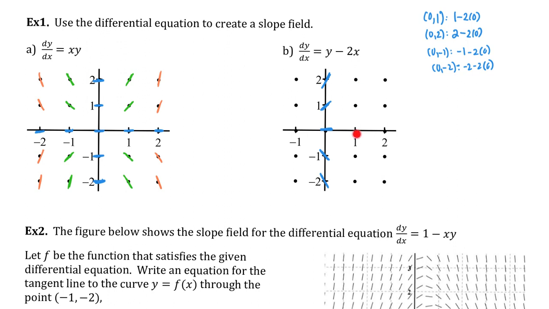Okay, let's try another. How about when x is 1? Let's try (1, 0). 0 minus 2 is -2.